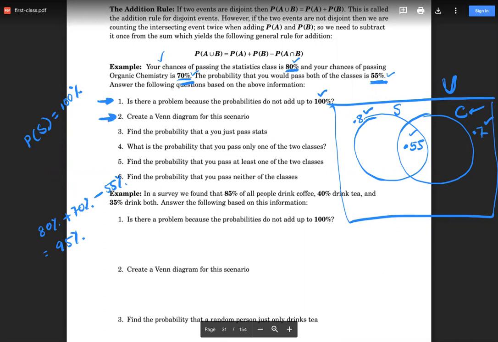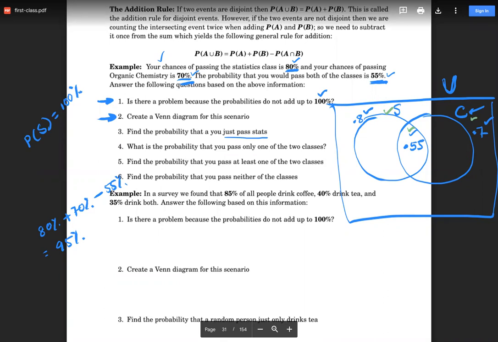Find the probability that you just pass statistics. So this is where you kind of need to think. Find the probability that you just pass statistics. Okay, you just pass statistics. Now, this circle represents the probability that you pass statistics. But remember, this middle part is the 55% chance that if you pass statistics, you'll also pass what?